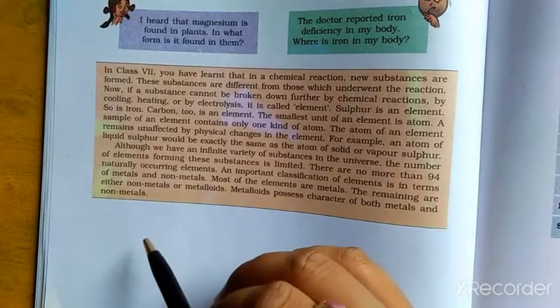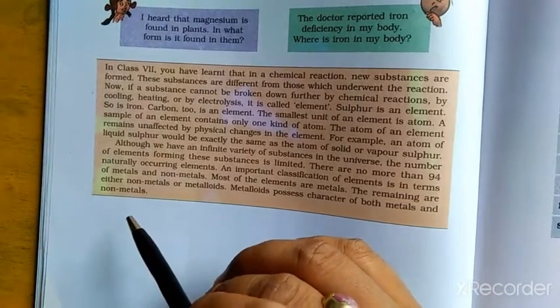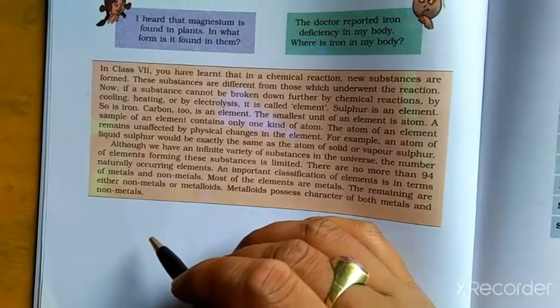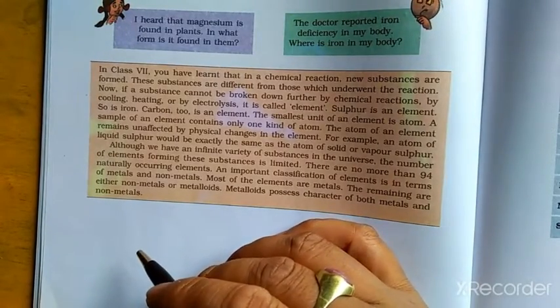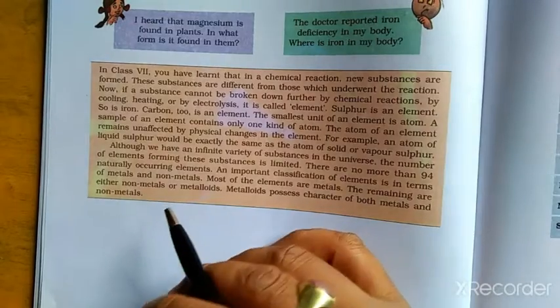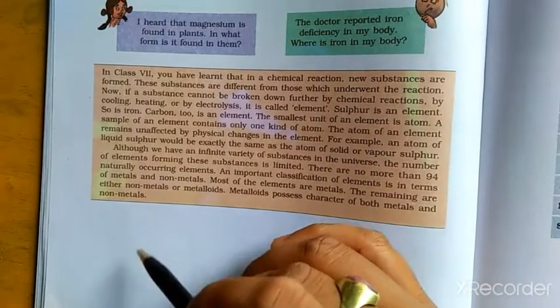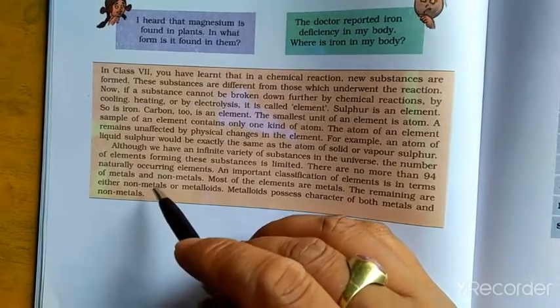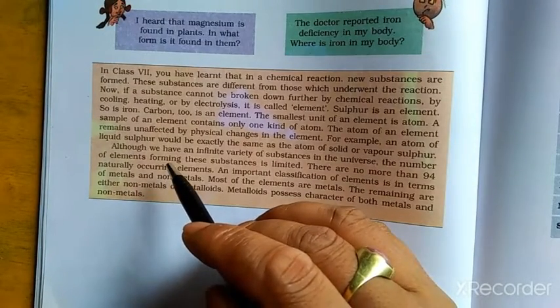They possess character of both metals and non-metals. So in this chapter we learn about materials: metals, non-metals and metalloids.